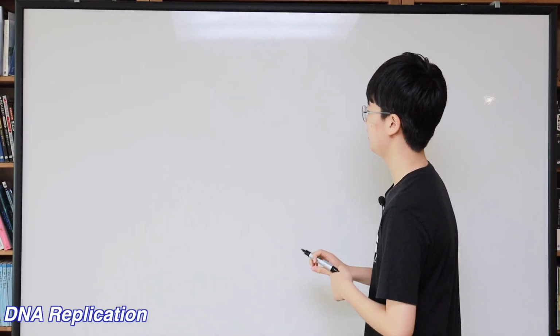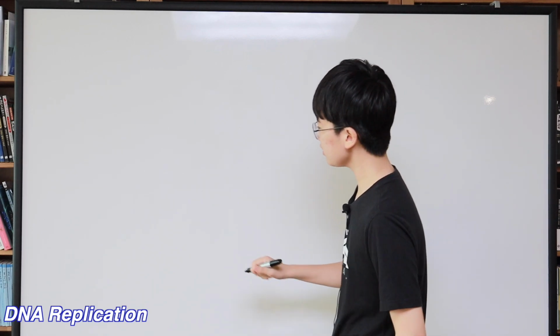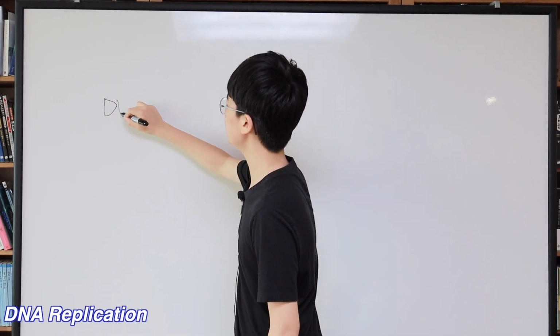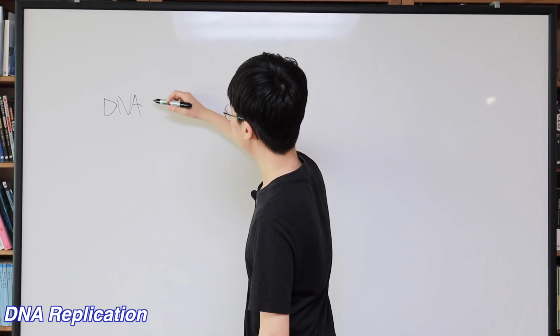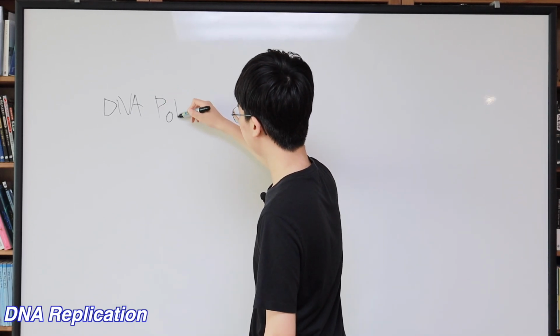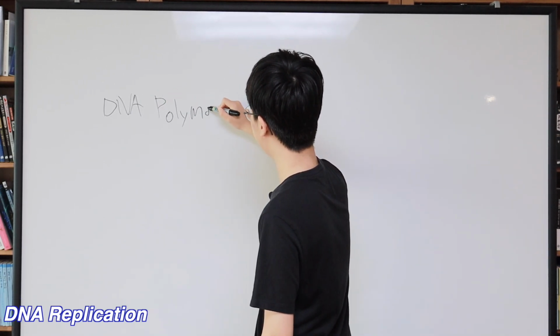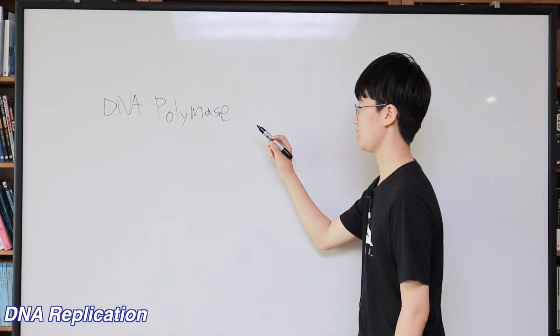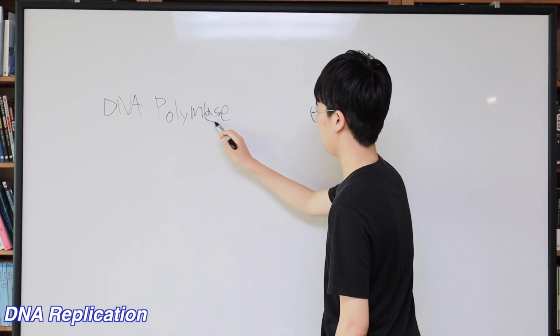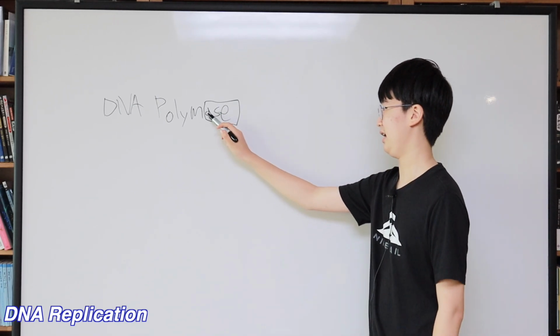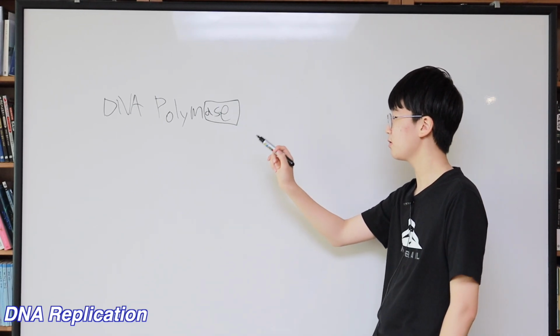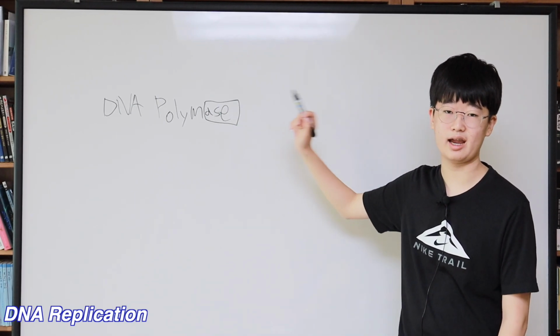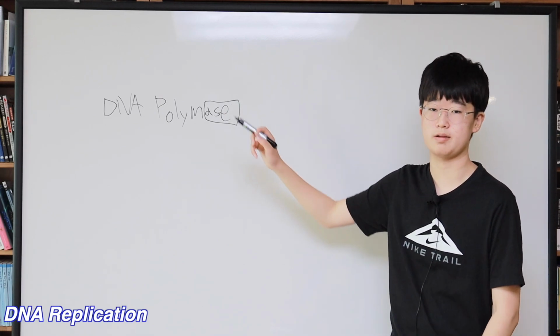And now DNA polymerases. DNA polymerase. Note that there is an ASE at the end of it, which means it is definitely an enzyme.